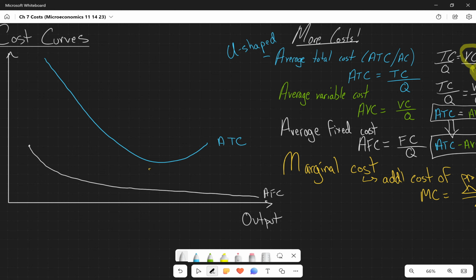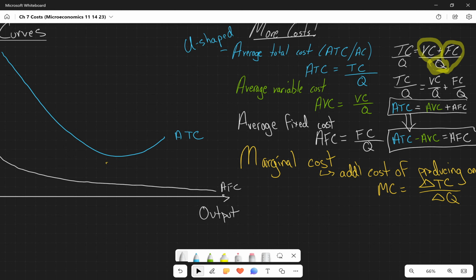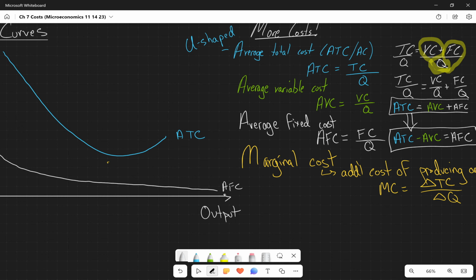And the reason why I'm pointing this out, and the reason why this identity is important, and I guess there's another identity that we should probably do, right? If we isolate the average variable cost, that's going to be equal to my average total cost minus my average fixed cost.